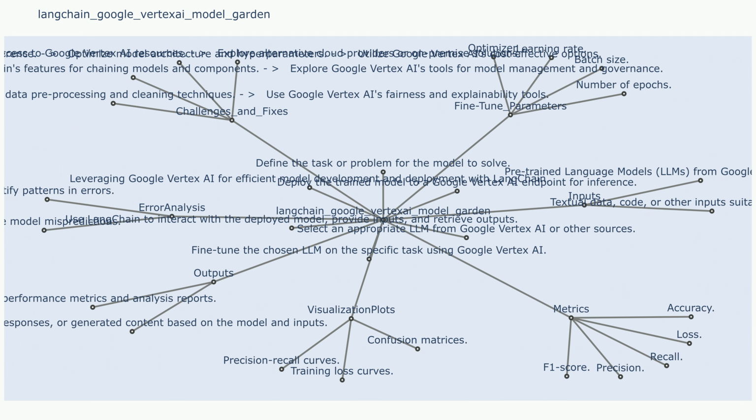Fixes to Challenge 2: use regularization techniques to prevent overfitting, such as dropout or weight decay. Monitor the model's performance on a validation set to detect overfitting early, and use early stopping to terminate the training process when performance on the validation set starts to decline.